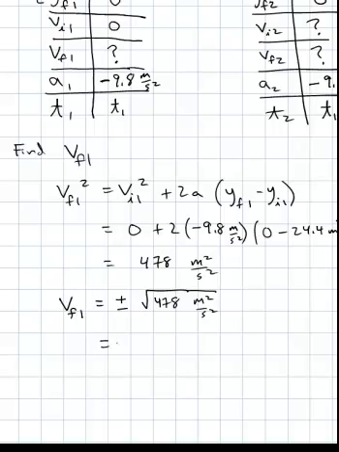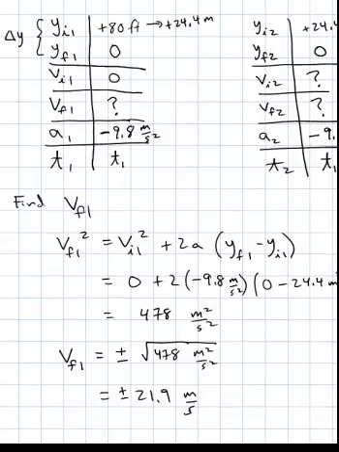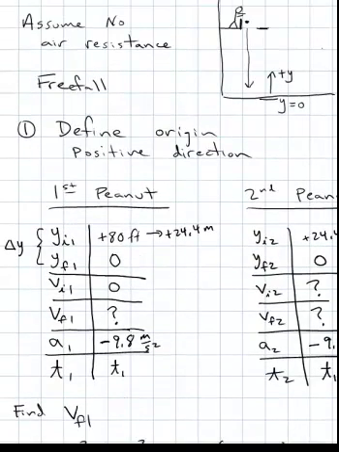And that's 21.9 meters per second. And which root do we want, the positive or the negative root? The peanut's going down. We chose up as our positive direction. If we look back up here, the peanut's coming down.